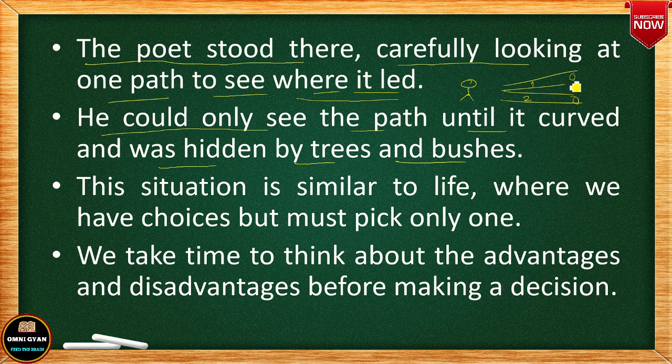So his eyes can only reach till a certain point. After that, maybe the road has bent. So the bending part he cannot see. And plus there are so many trees and bushes. So the maximum part of the road is hidden now. So he can only see one part of the road.